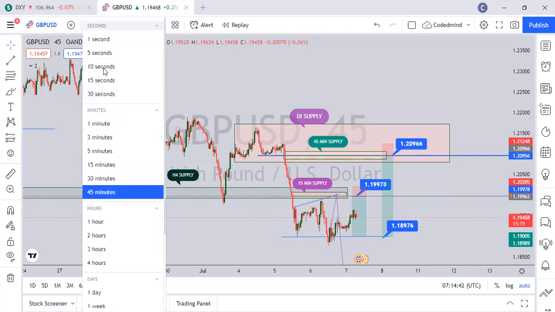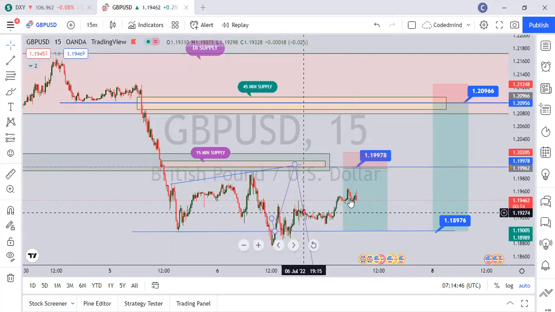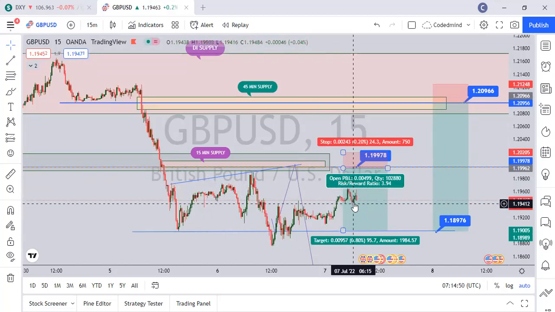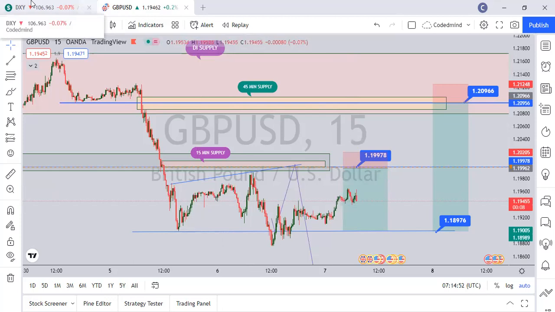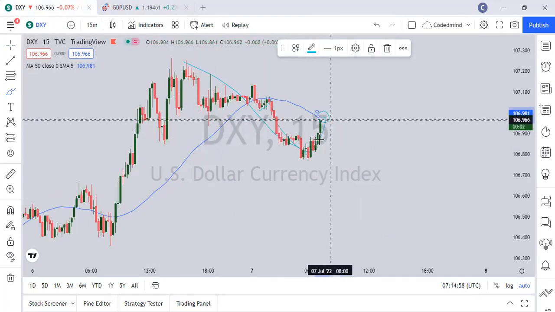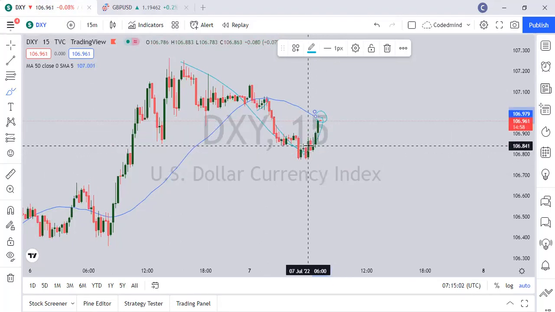I'm even sure if you go to 15 minutes, we should see that effect taking place. So you can see GU making a little downward move here, and this is a result of this movement on the DXY index over here. That is the index right over here.